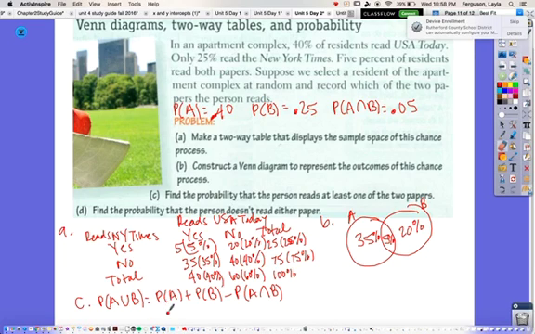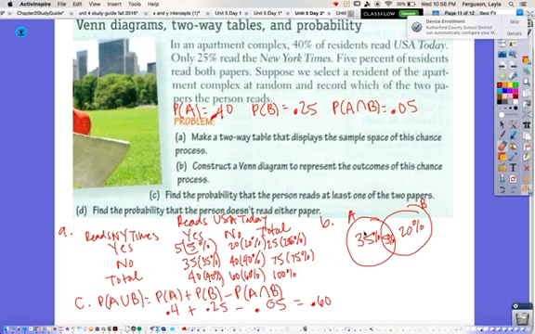So the probability of A is 0.4 plus the probability of B, which is 0.25, and I need to subtract out 0.05. So when I do that, I get 0.60.